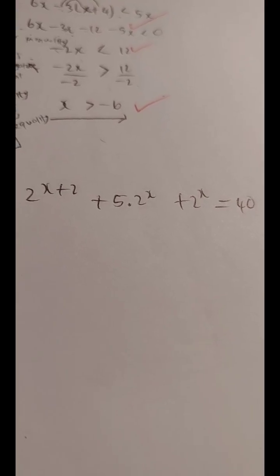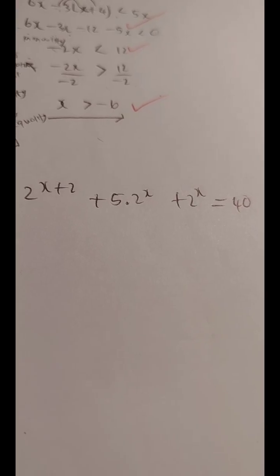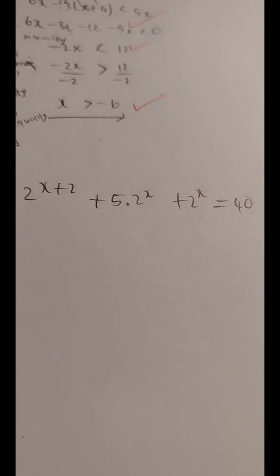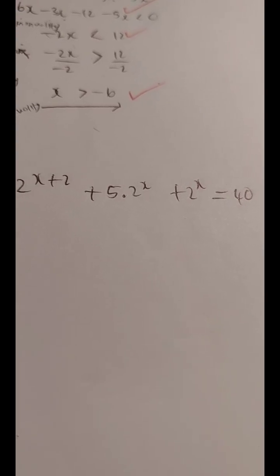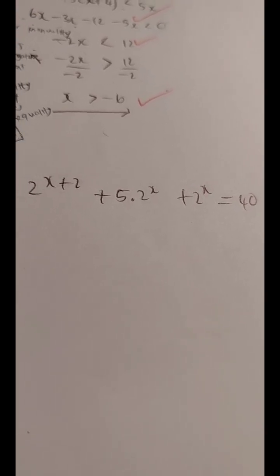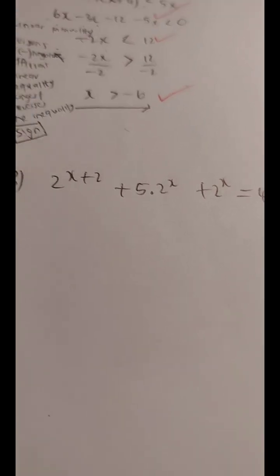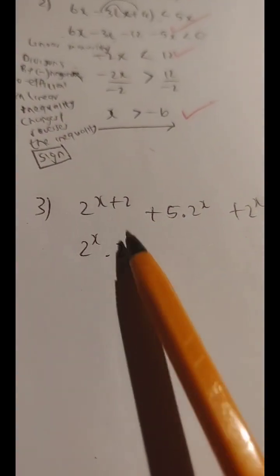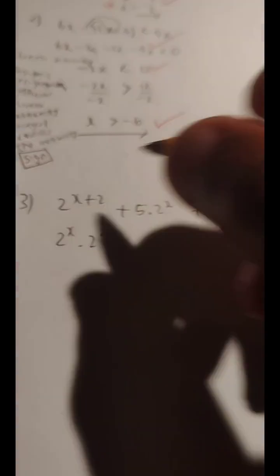Something that is the same or similar. So what we do here is we split 2 to the power x plus 2 into 2 to the power x times 2 to the power 2, plus 5 times 2 to the power x, plus 2 to the power x is equal to 40.